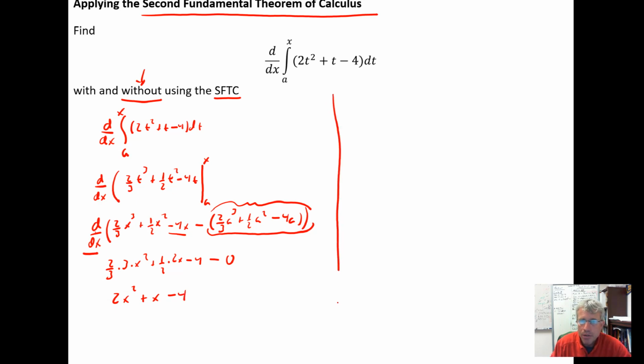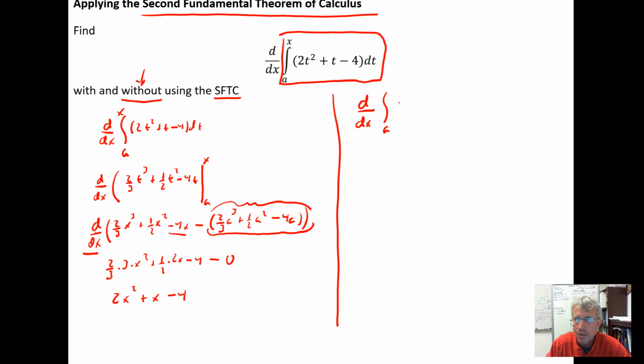And so that would be differentiating the definite integral without using the second fundamental theorem of calculus. The second fundamental theorem of calculus says that if you want to take d dx of the definite integral that gives you the signed area under the curve as a function of x, you can simply look at your function little f of t inside, and everywhere you see the t, replace the t with the x.